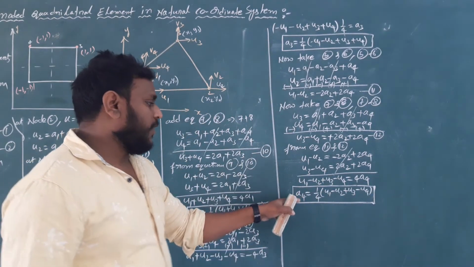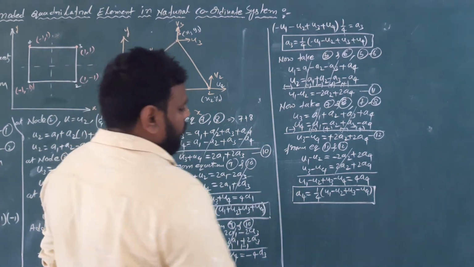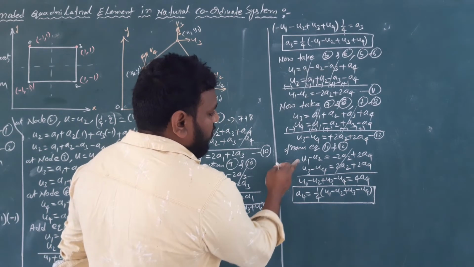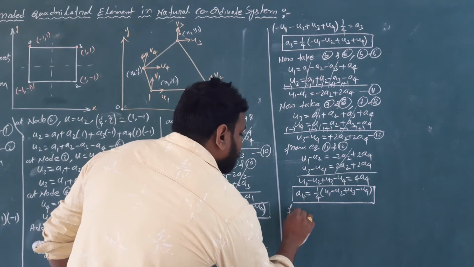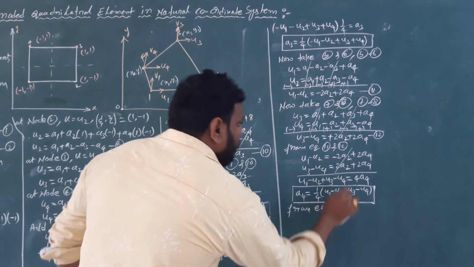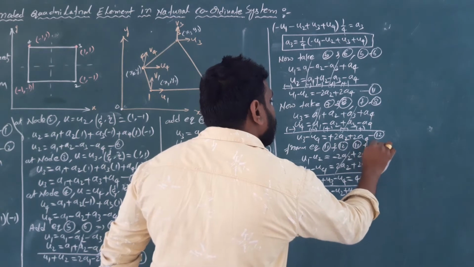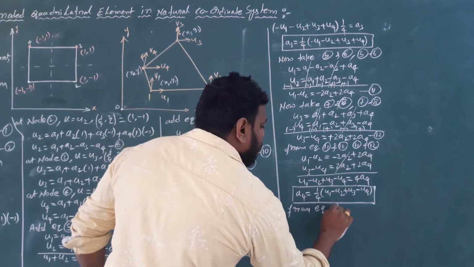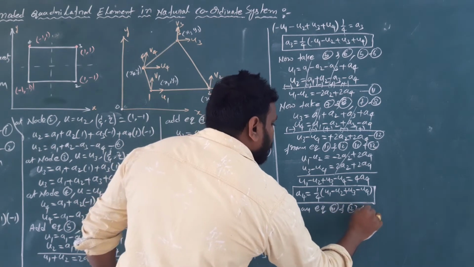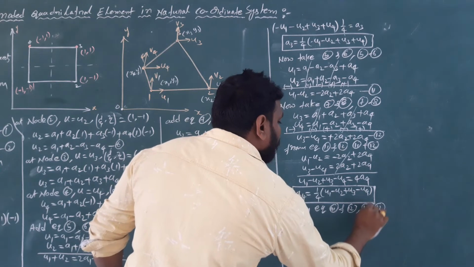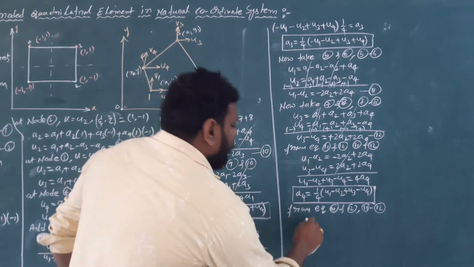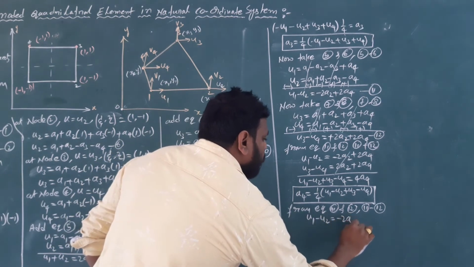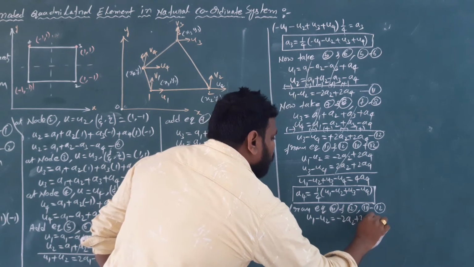That's why I am finding these values. So now, here I added 11 plus 12. Here I am subtracting equation number 11 and 12, that is 11 minus 12. You know that u1 minus u2 is equal to minus 2a2 plus 2a4.